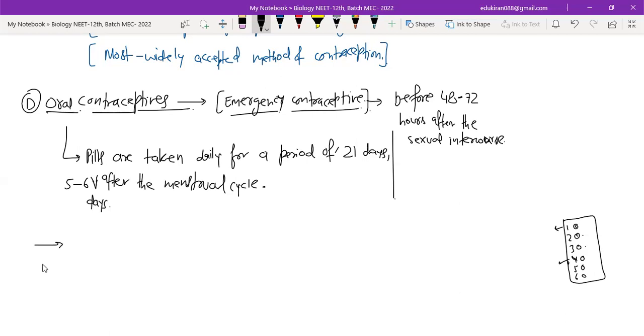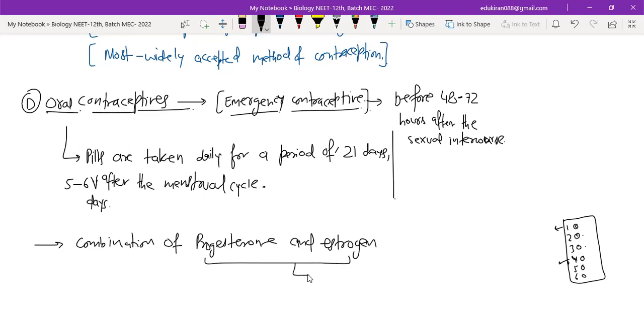Now these pills basically are a combination of progesterone and estrogen. If both are present together, it is called a combination pill, or combined pill.